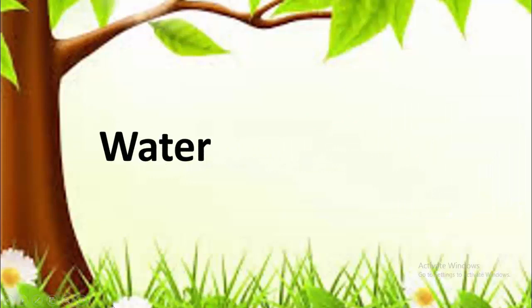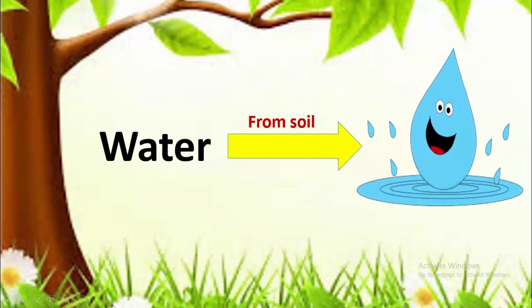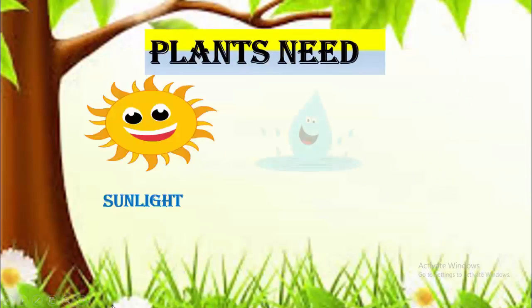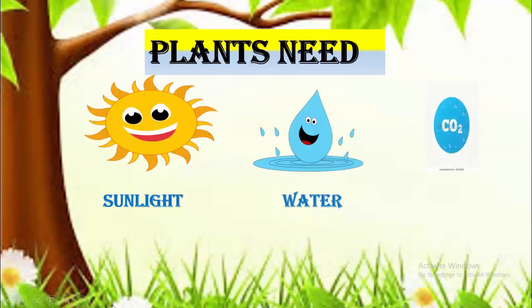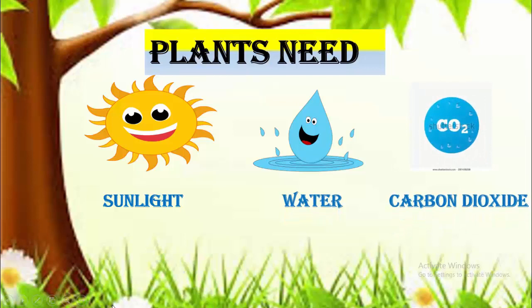And the third thing is water, which plants take from soil. In scientific language, we can call it H2O. So plants need sunlight from the sun, water from soil, and carbon dioxide from air to make their own food, or to carry out the function of photosynthesis.